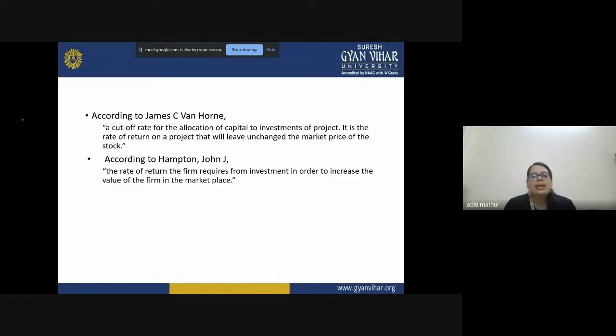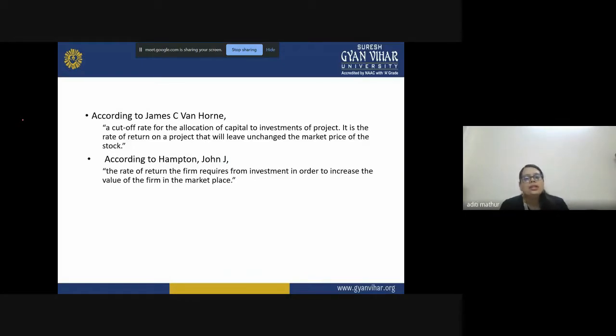So let us just discuss two important definitions. A cutoff rate for the allocation of capital to investments of project. It is the rate of return on a project that will leave unchanged the market price of the stock.